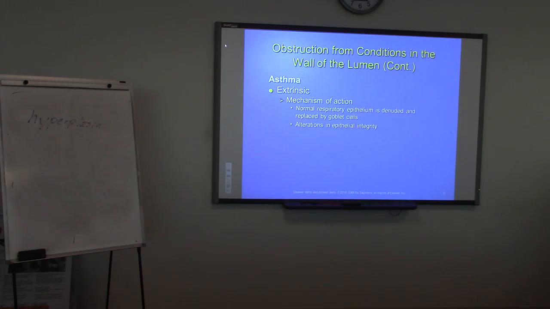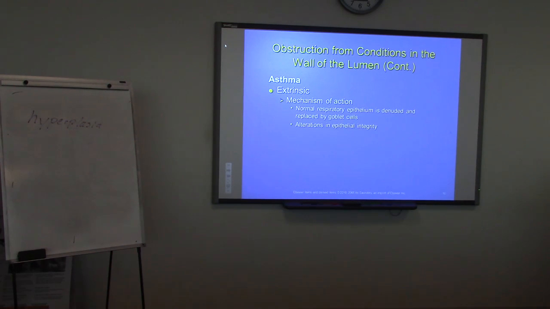The person is allergic to the cats, they're inhaling and sitting there, and the normal goblet cells that secrete mucus to trap all that cat hair are going to go double or triple time. So now this person will have an excess amount of mucus being secreted to trap all that cat hair. The reason is that the person is hypersensitive, so it's heightened.